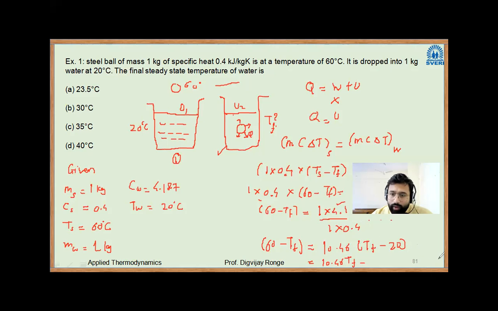This will become 209.35. And on this side, obviously, I have 60 minus Tf. Now I will take all the Tf on the RHS and I will take this value on the LHS.